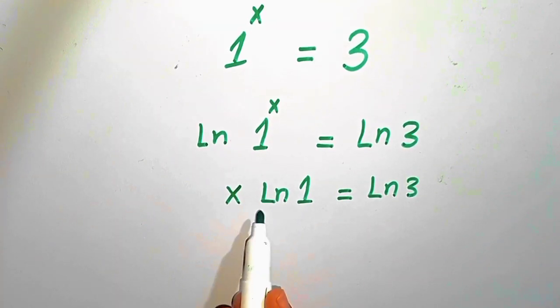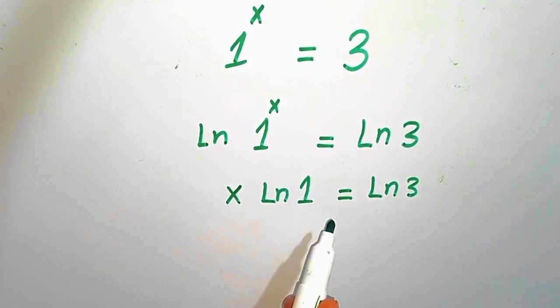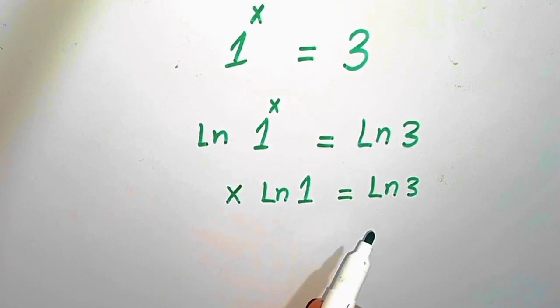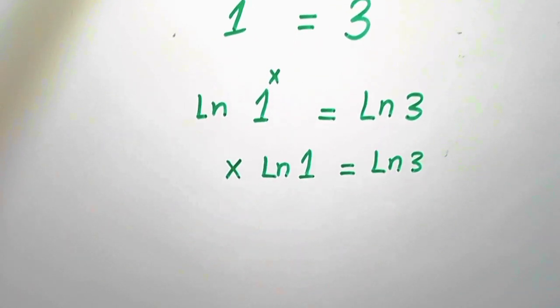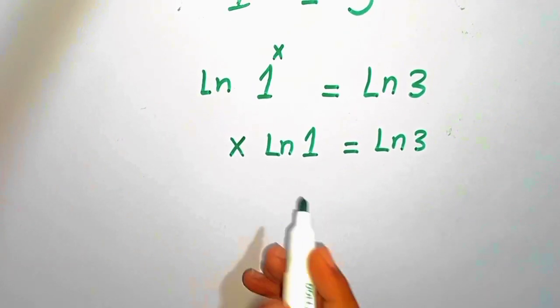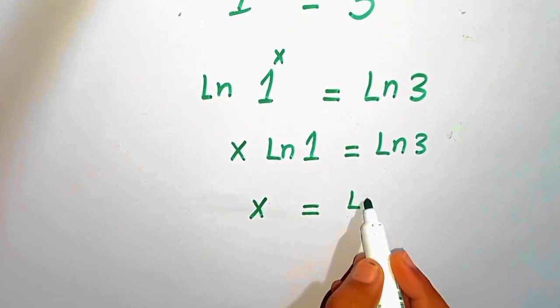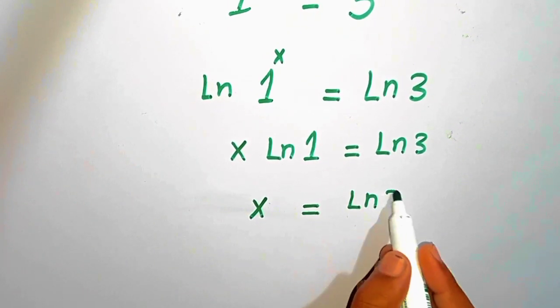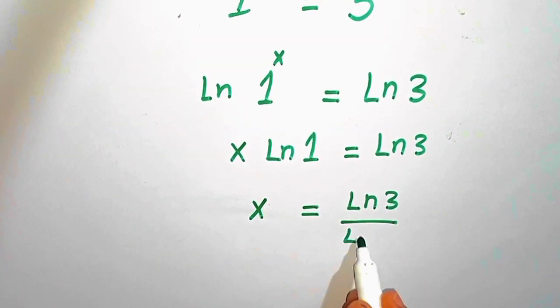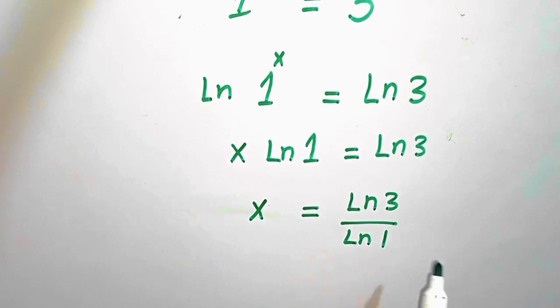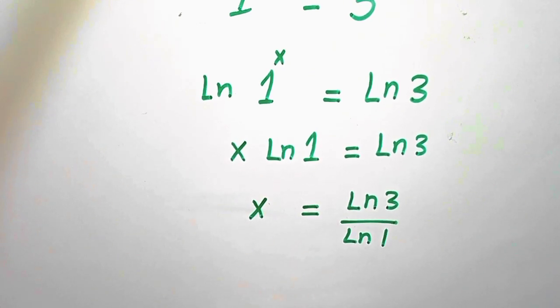Now in the next step, this ln 1 goes to the right side, on the divide side. So x is equal to ln 3 divided by ln 1.